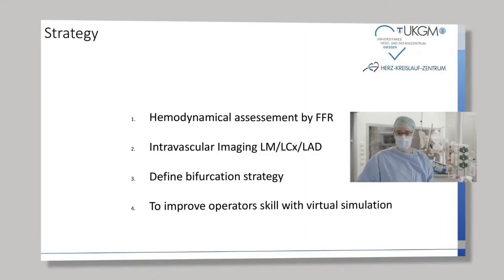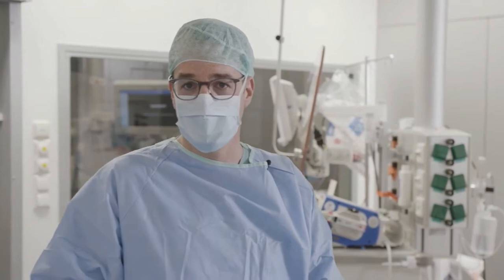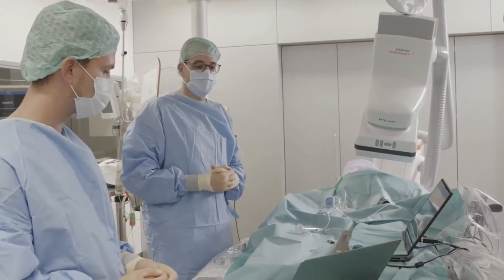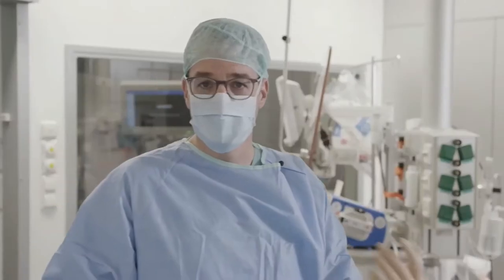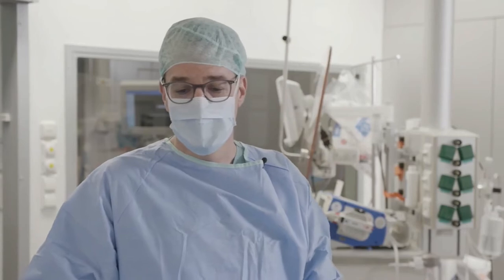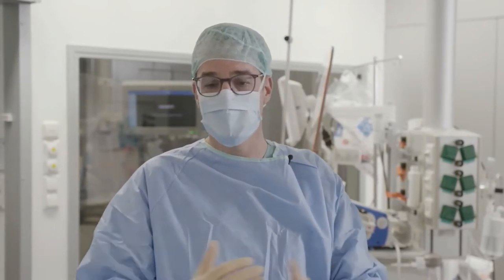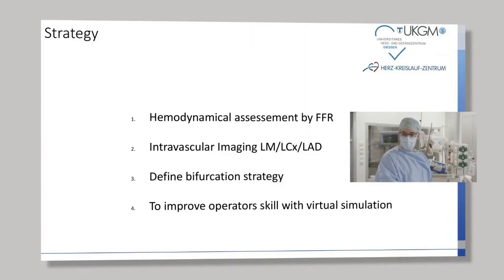We want to know whether the circ is affected as well, which is the Medina class of this stenosis. From the angiographic view, we think that it's a Medina 1,0,1. So coming from this information, we then have to define the bifurcation strategy. And of course, we want to do this live-in-a-box case also to improve our technical skills.